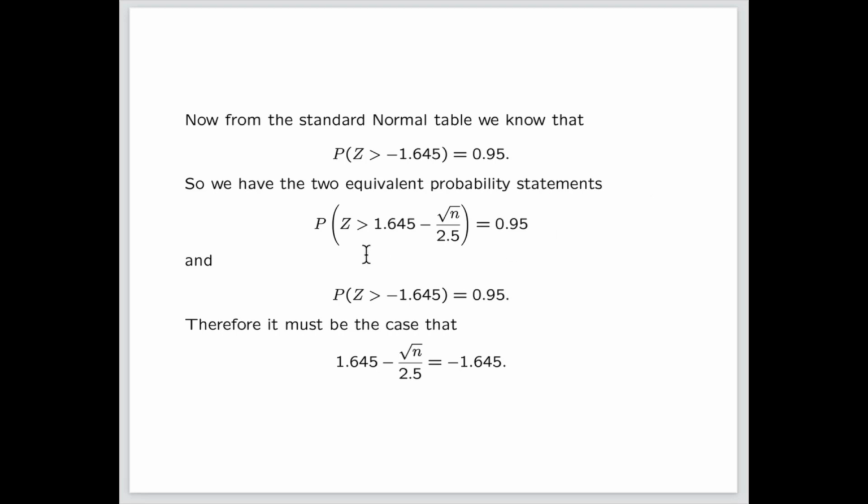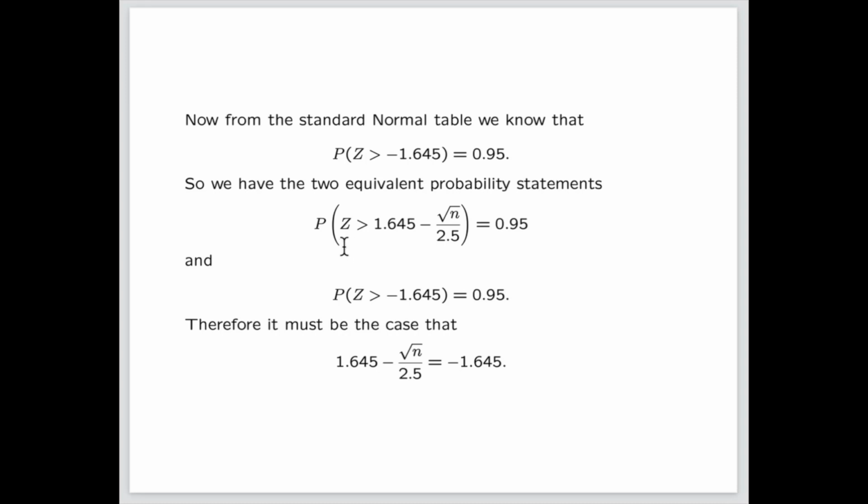And so we have two equivalent probability statements. We have the probability that z is greater than 1.645 minus the square root of n over 2.5. That probability has got to be equal to 0.95. And we also know that the probability that z, the standard normal random variable, is greater than negative 1.645 is 0.95 as well. So we have two probability statements.